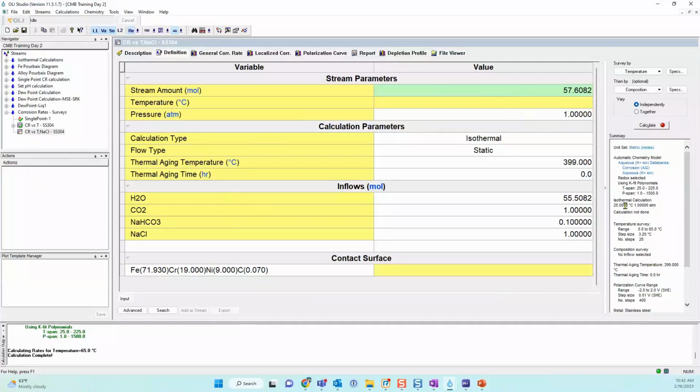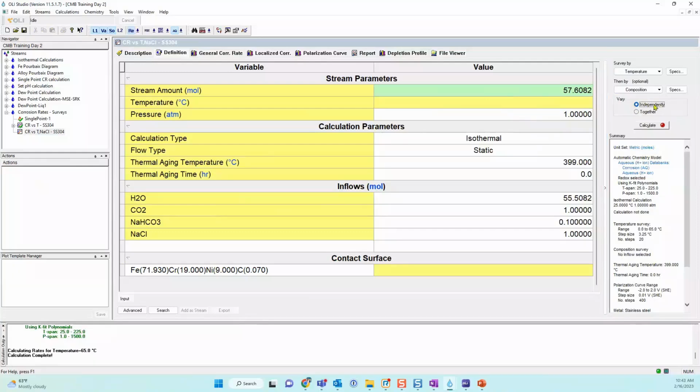So it's going to require less calculation time and not as many data points. I want to run this dual survey as independent, because I want to see at one composition what is the effect of temperature, and so on. So we are going to leave it independent.